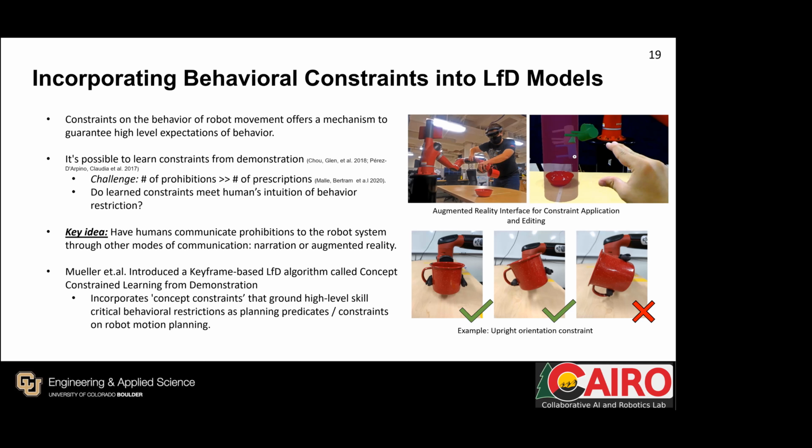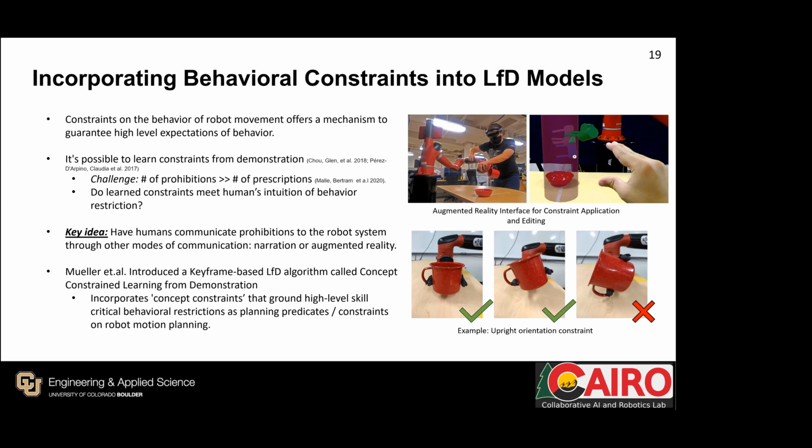And while it is possible to learn constraints from demonstration, the big challenge is that the number and nature of prohibitions is likely to be much greater than the number of prescriptions. In other words, it's much easier to show what to do than what not to do, because the space of things that you don't want the robot to do is much, much larger.